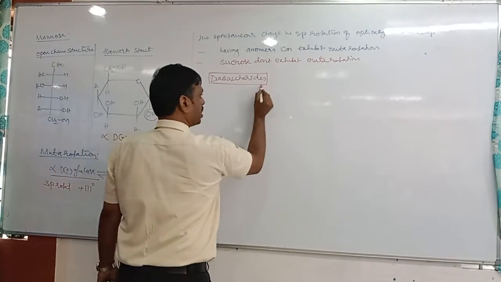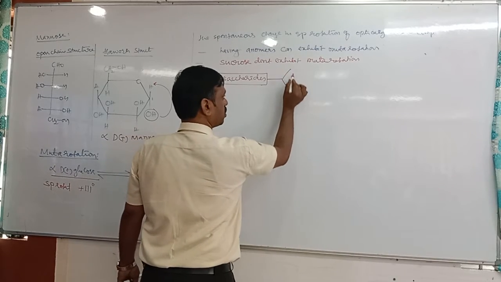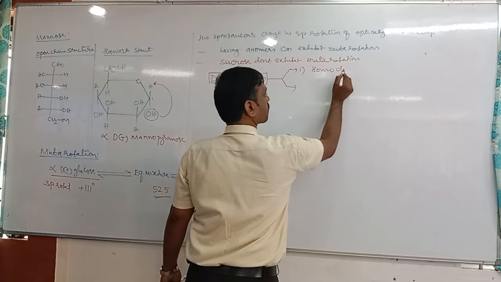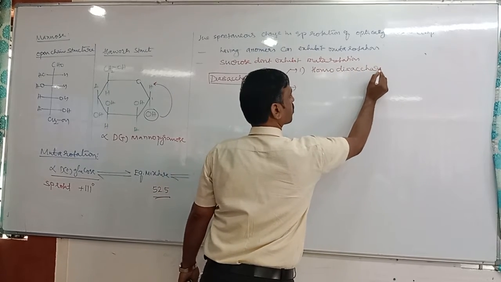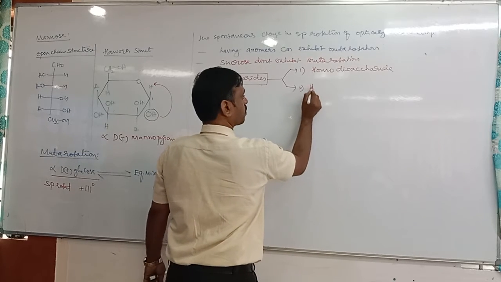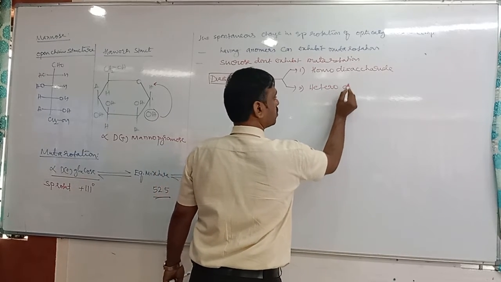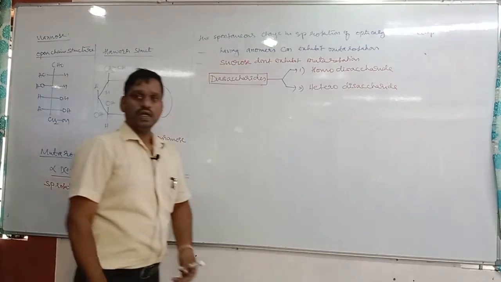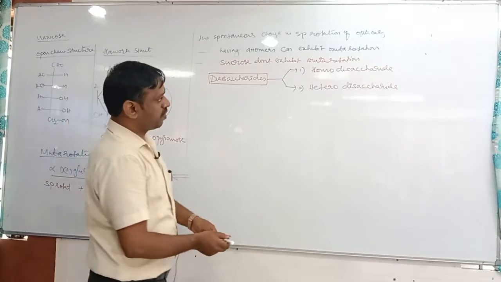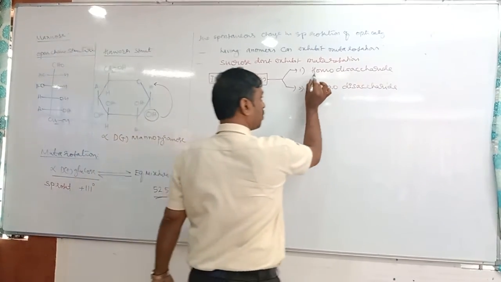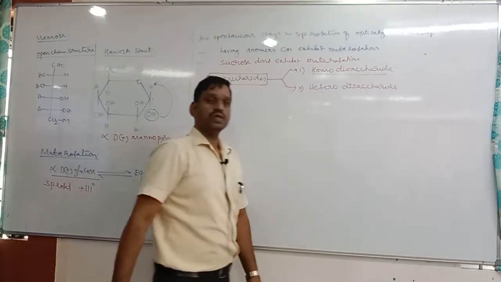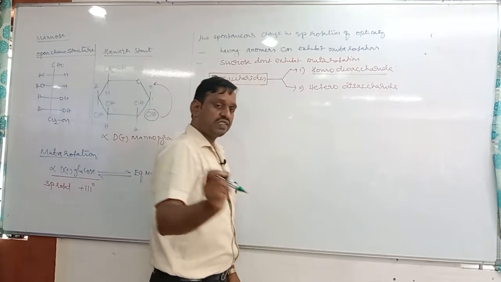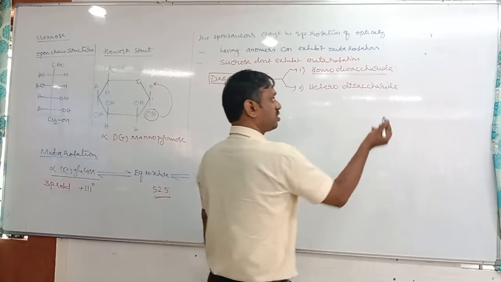Usually disaccharides are classified into two types. One, homodisaccharide. Second one, heterodisaccharide. The name itself gives the meaning. A homodisaccharide is the disaccharide which contains the same type of monosaccharide.